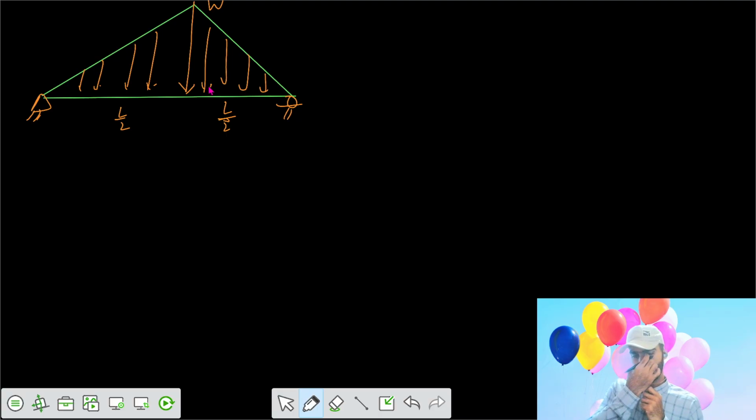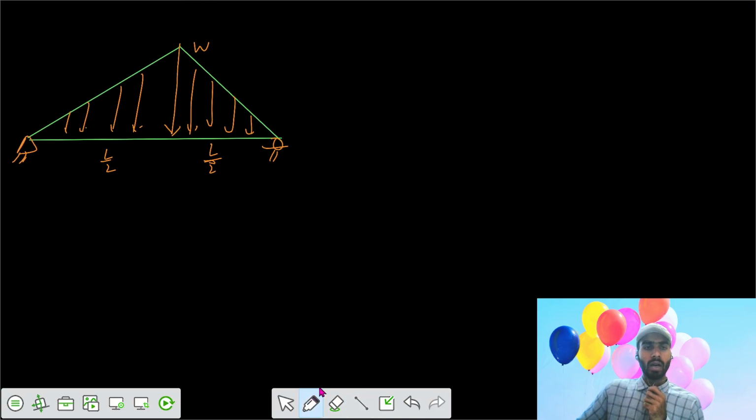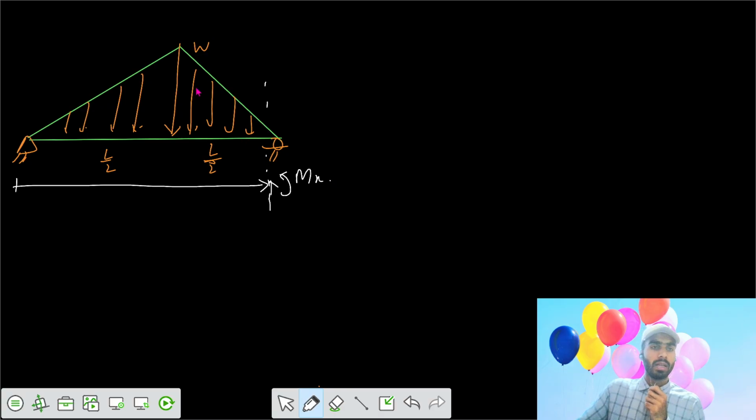Since your moment equation changes, if you want to go up to the point X, you can say here the shear force is Vx and moment here is Mx, but up to this point the moment equation is constant, because your loading is linearly varying.